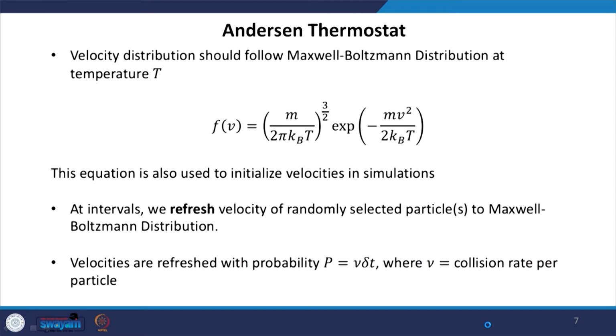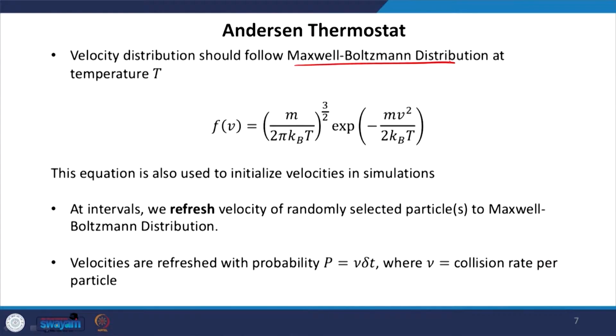So, just to give you an example of the stochastic method, in the Anderson thermostat, what we essentially do is we use the fact that the velocity distribution at equilibrium at temperature T should follow the Maxwell-Boltzmann distribution that is well established in thermodynamics, and that goes like the following.